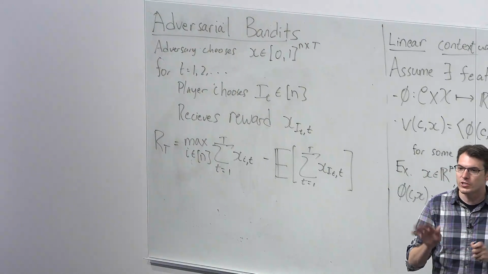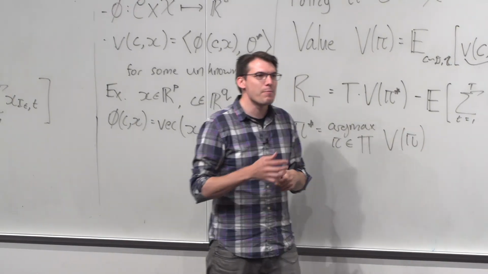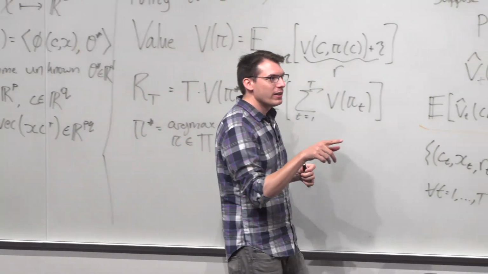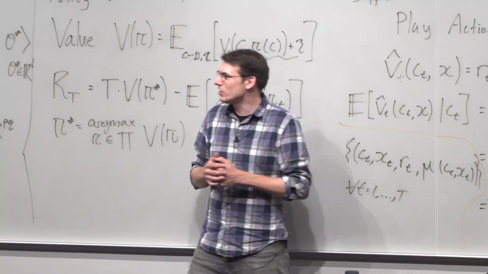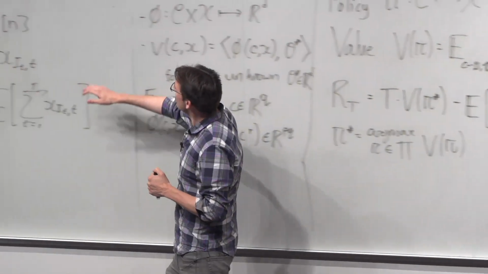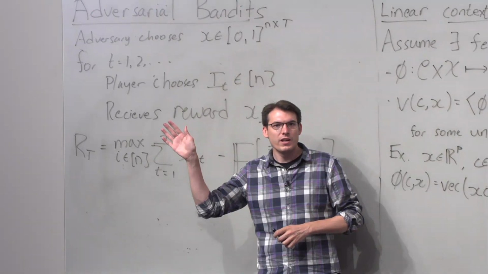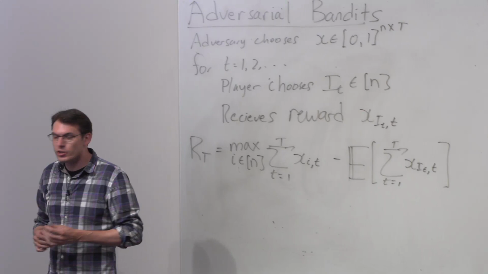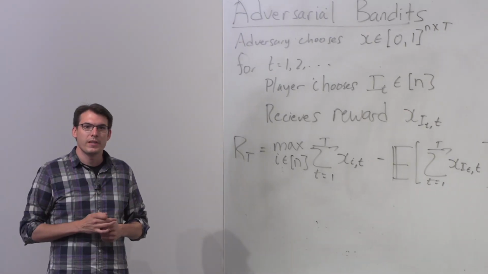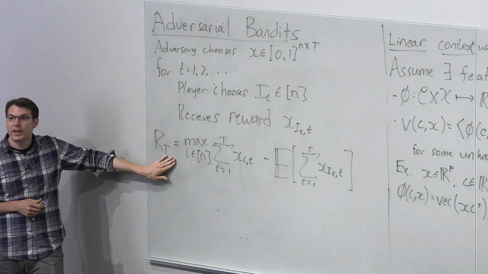The adversary knows the algorithm you're going to play, and based on it, he's going to choose a sequence of rewards, some matrix of 0, 1, n times T. He chooses all of his rewards in advance of the game, and then you play these rewards. Your objective is to minimize regret as usual.